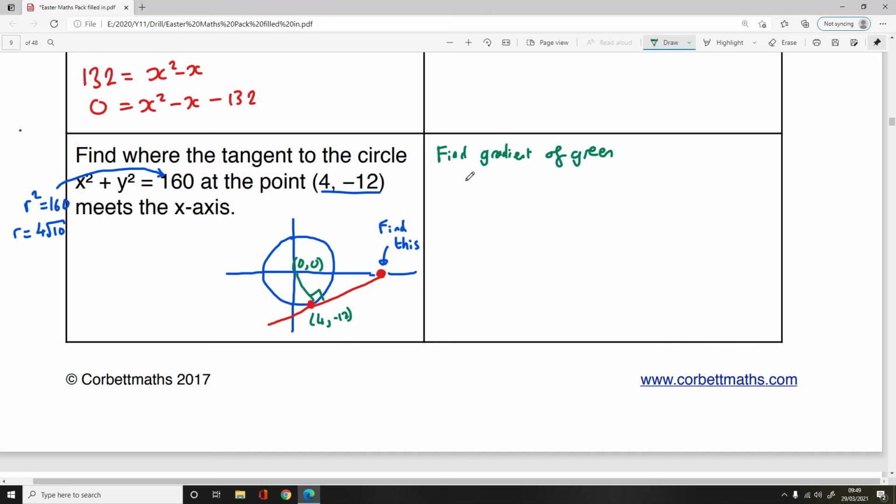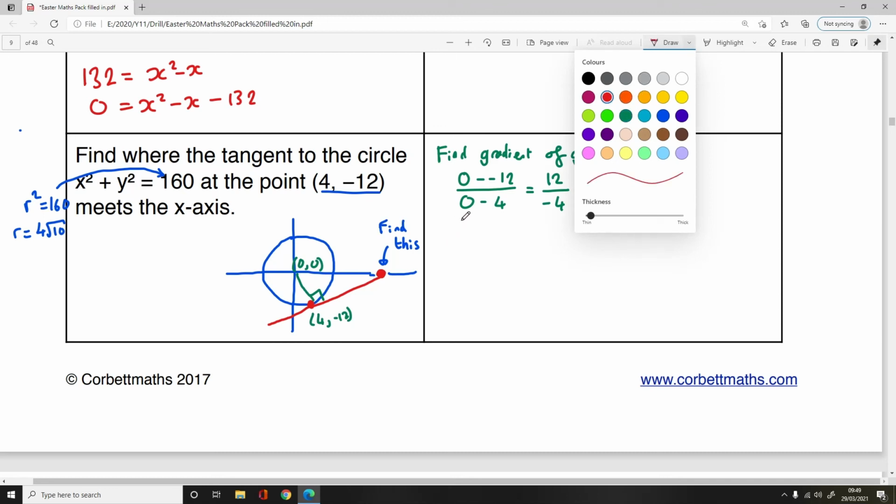So we can use y2 minus y1, 0 take away minus 12, over x2 minus x1, so 0 minus 4. This would give us 0 plus 12, so 12 over 0 minus 4, so minus 4, and will tell us the gradient of green is minus 3, which makes sense because the line is going downwards. If we've got a positive value there, we know something's gone wrong.